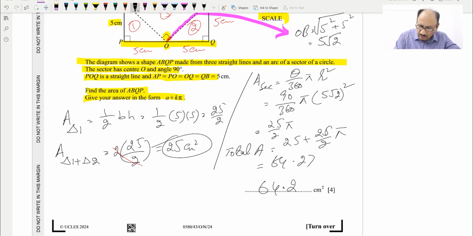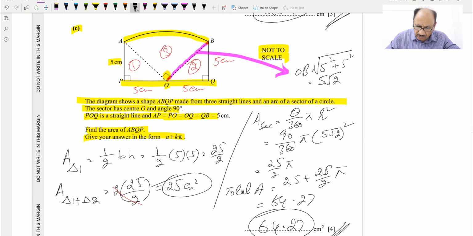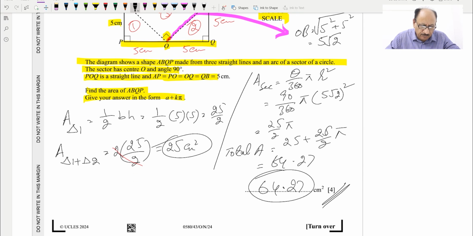This is our rounded answer up to 2 decimal places. They are saying we need to find the answer in the form A plus K pi, so there is no need to change into decimal. We can keep it in pi.